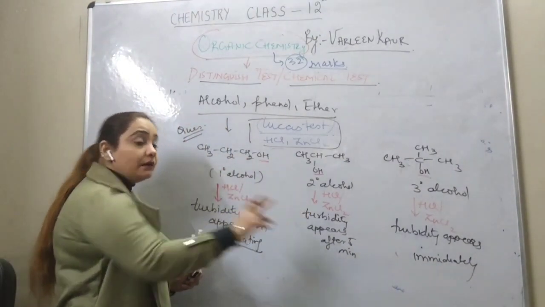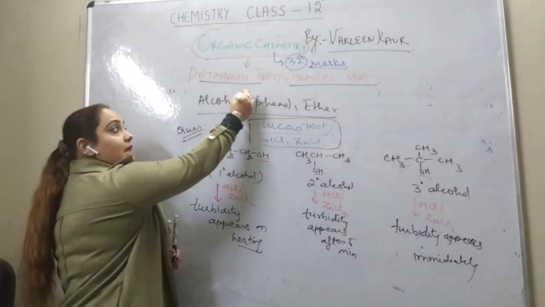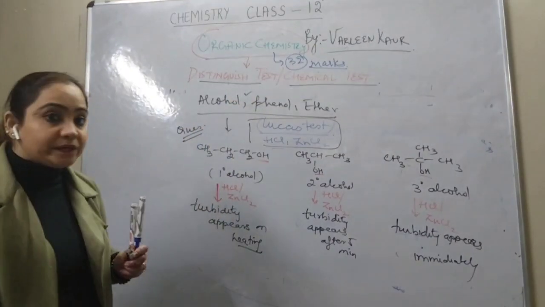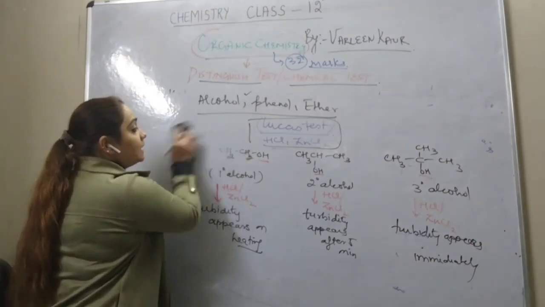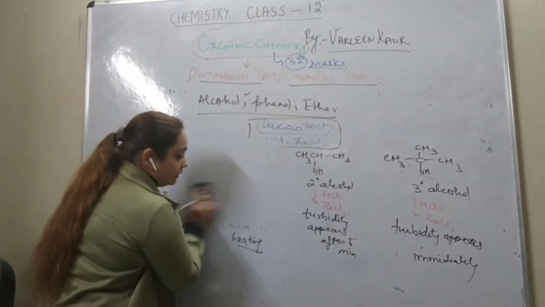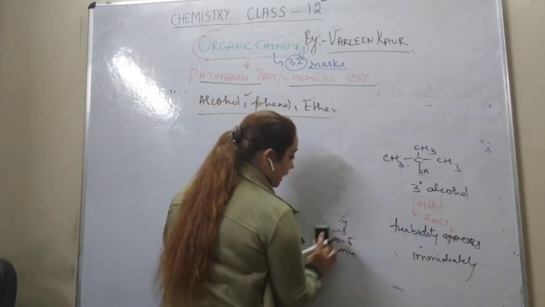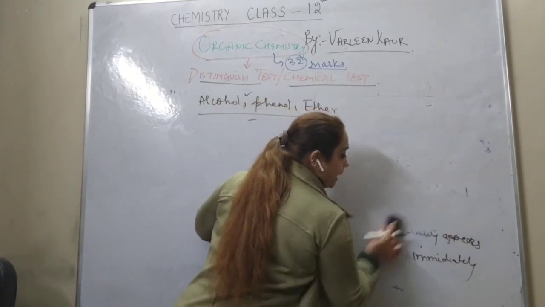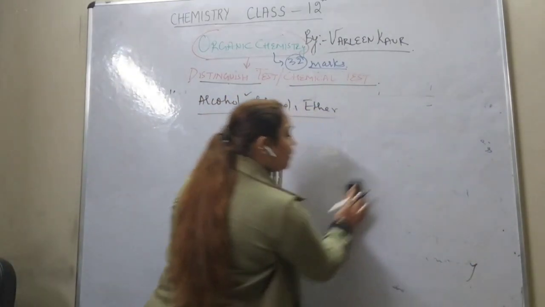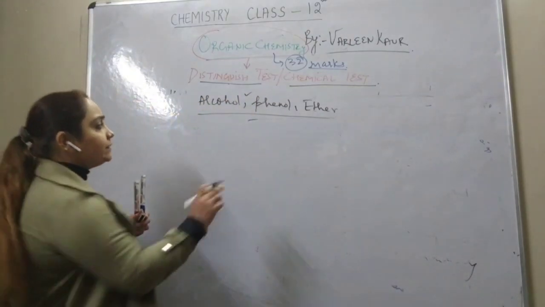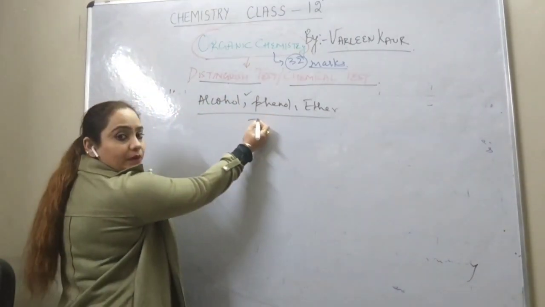Is this part clear? Now in this chapter we have one more distinguishing test, that is to distinguish between phenol and benzoic acid. Benzoic acid is from another chapter, but I am going to take it up with this chapter only.